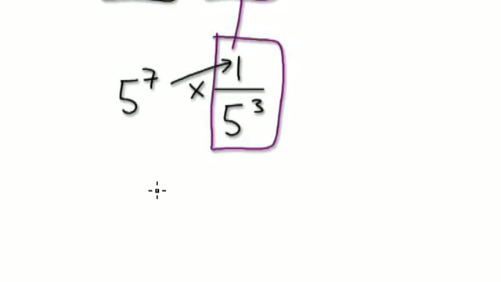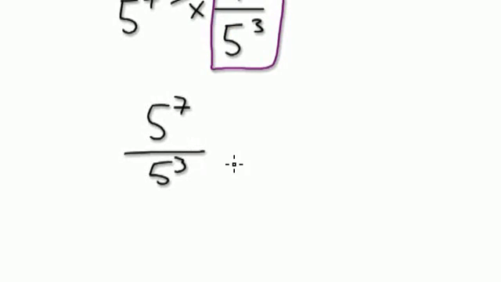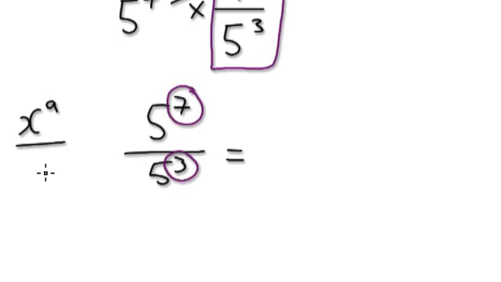So that equals 5 to the power 7 over 5 to the power 3, and then that equals, because you're dividing, another formula is, you know that formula here, x to the power of a over x to the power of b equals x to the power of a minus b.